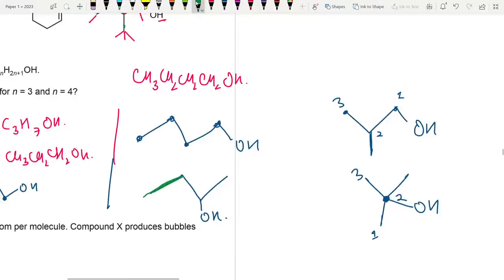I essentially erased it and brought it over here. So this is actually propan-2-ol, but it's 2-methylpropan-2-ol. So we have butan-1-ol, butan-2-ol, then 2-methylpropan-2-ol, and 2-methylpropan-1-ol. So in total, I think, yeah, we have these 4.